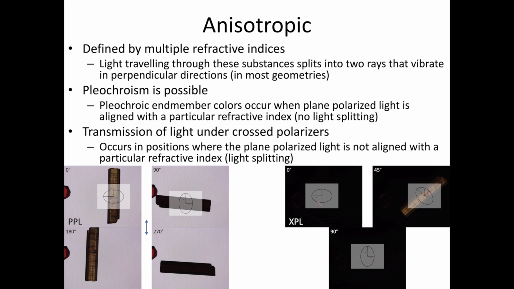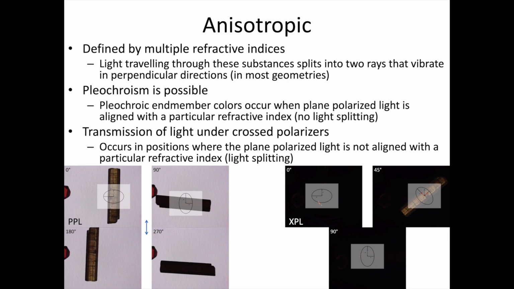These special directions are known as optic axes, and these special directions are going to be useful to us going forward for identifying anisotropic substances. The optical properties of our anisotropic substances are also ultimately a result of the structure of these substances, which interacts with light differently depending on the direction light is traveling through our material. Because of this, our anisotropic substances are defined by either 2 or 3 different indices of refraction.